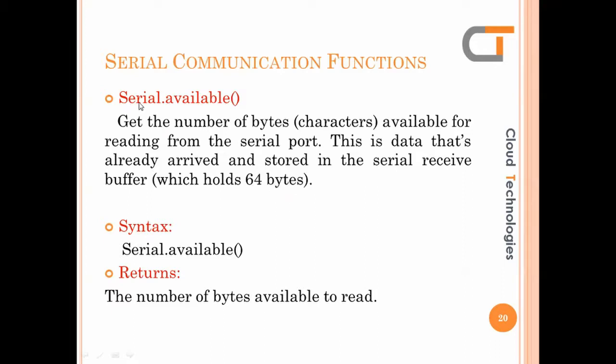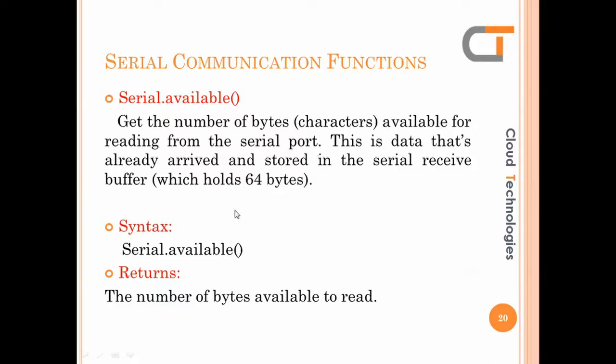So let's see, Serial.available means get the number of bytes available for reading from the serial port. So it will check the receive buffer. Okay, so how many characters are in the buffer, it will check that, and it will return the number of characters present in the receive buffer.